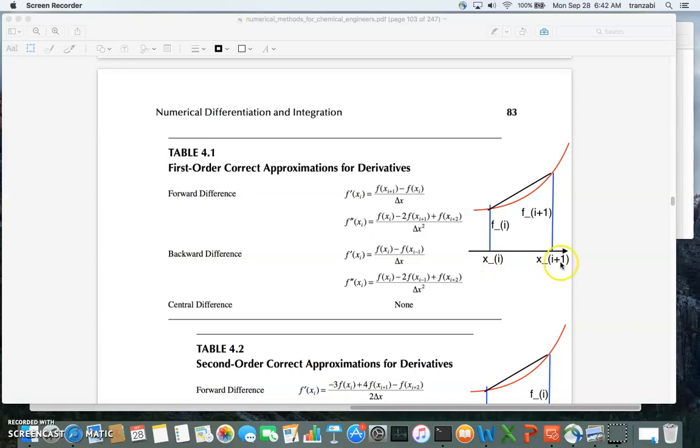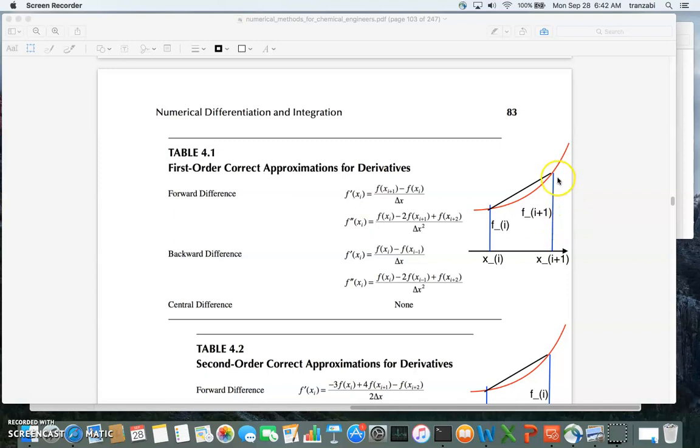By the way, these are subindices. Okay? The function at point xi is called f of i, or f sub i. The function at x sub i plus 1 is called f sub i plus 1. So by this definition, I can rewrite my f prime, which is the first derivative of f, of x at point xi.